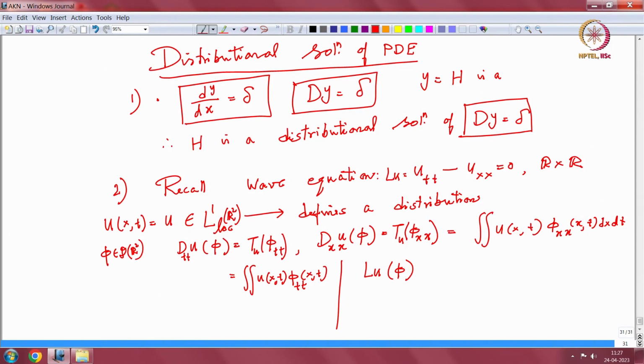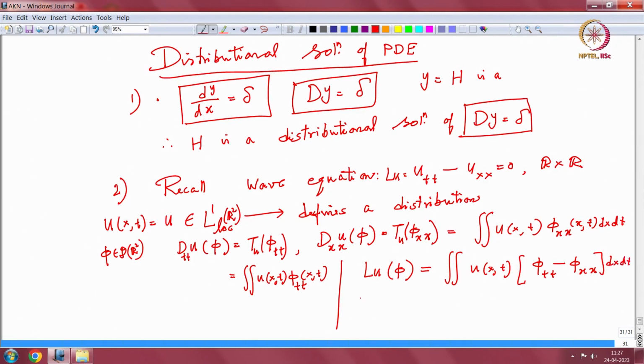So, Lu evaluated at phi is equal to the double integral of u(x,t) times phi_tt minus phi_xx, dx dt.